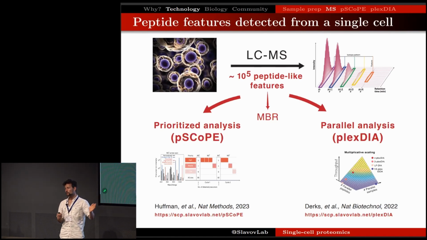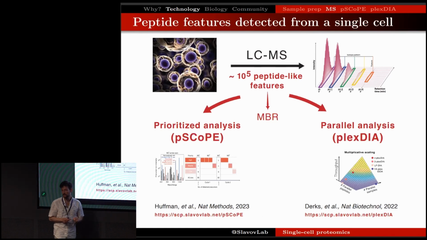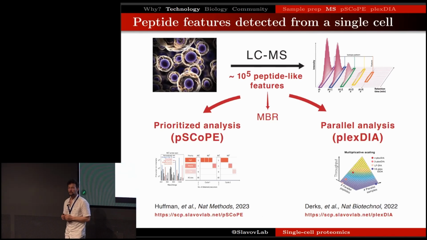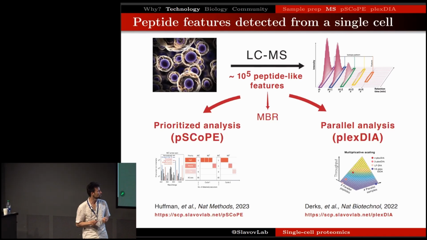If we use real-time instrument control, we can tell the instrument to consistently select peptide-like features that are going to be identifiable, that are going to correspond to peptides of interest, and that are going to be useful for the analysis. And this gave rise to this prioritized analysis that we developed in collaboration with Christoph Wichmann and Jürgen Cox. I'll tell you a little bit more about it.